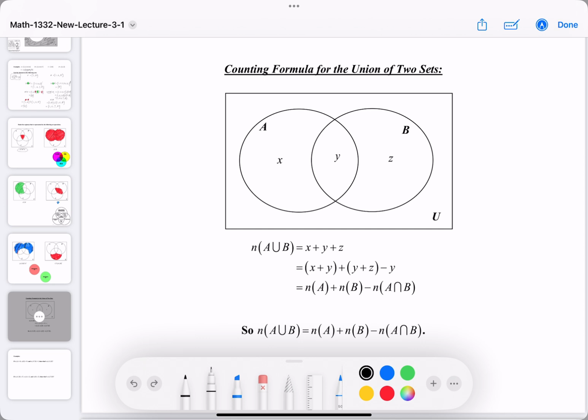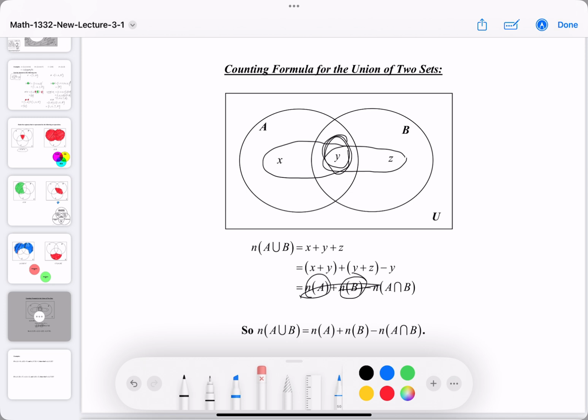They gave us the cardinality of A, B, and the cardinality of A and B. So x plus y represents the cardinality of A. Z plus y represents the cardinality of B. So how about the cardinality of A plus the cardinality of B? We add the y part twice. That means I need to minus the cardinality of A and B. So we got a new formula.